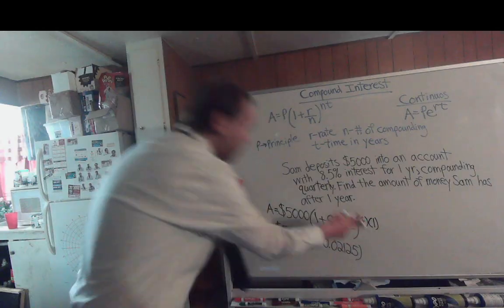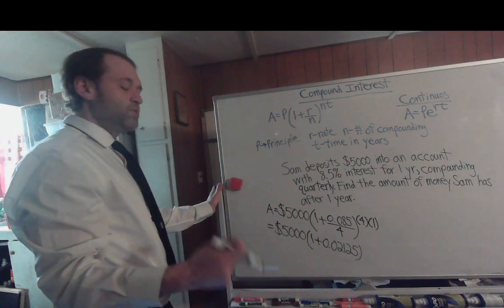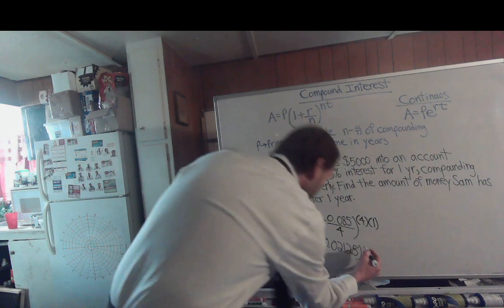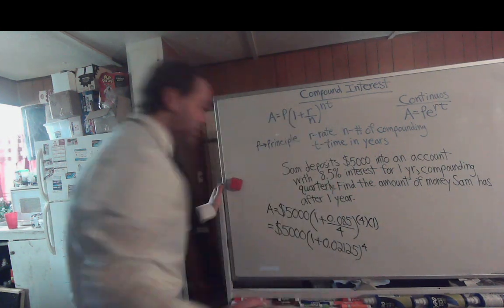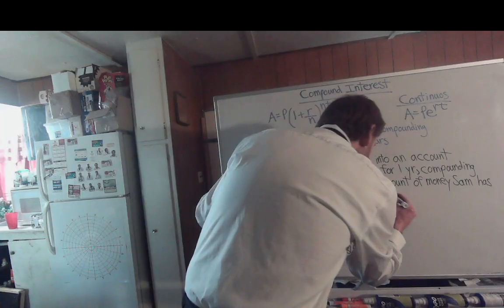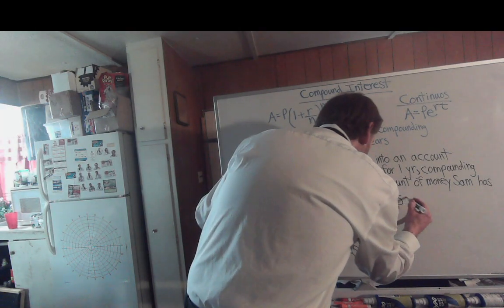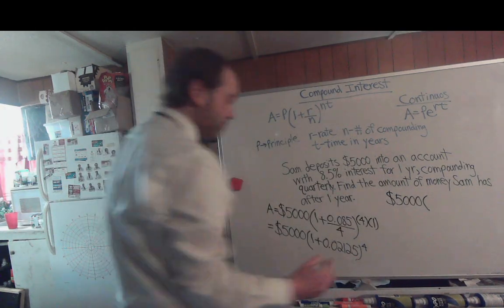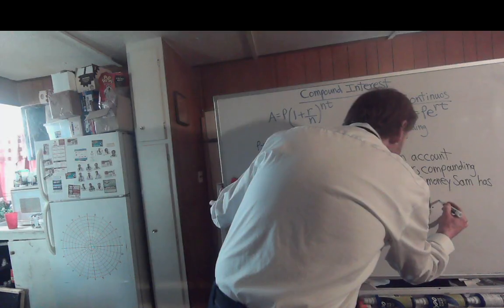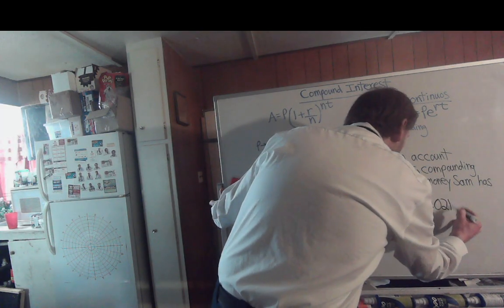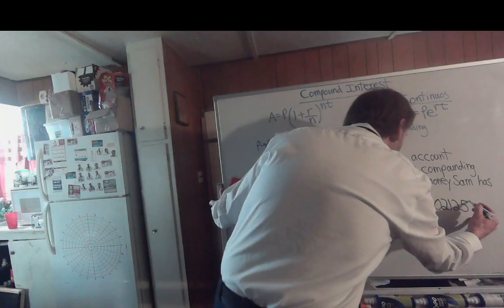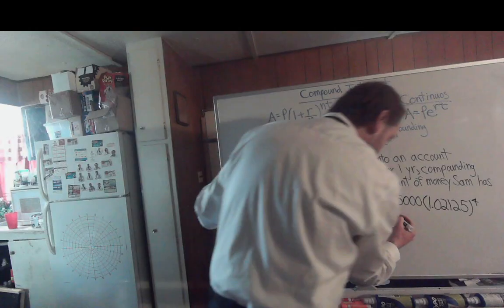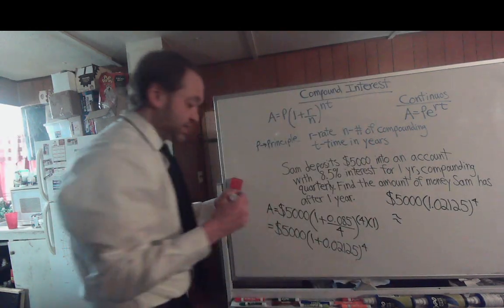And then that 4 times 1 is the 4th power, which will simplify this into $5,000 times 1.02125 to the 4th power. And now we can proceed to get a decimal approximation.